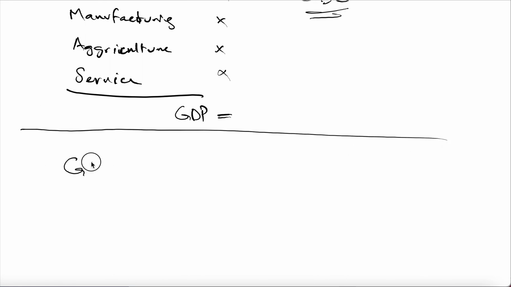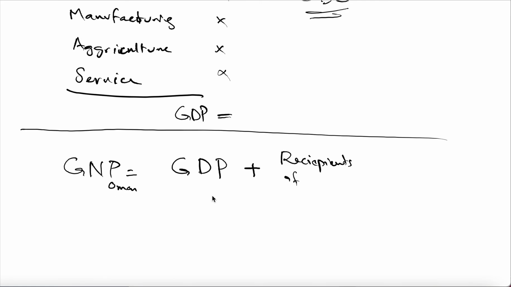We would say that the GNP is the GDP of that country plus the receipts of Oman.